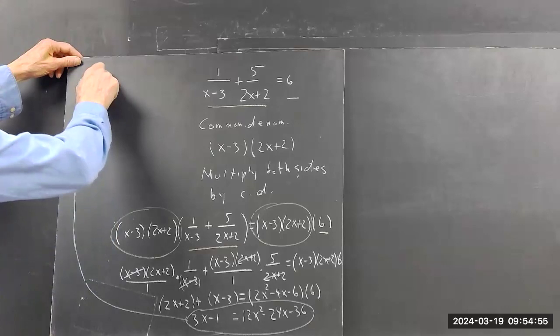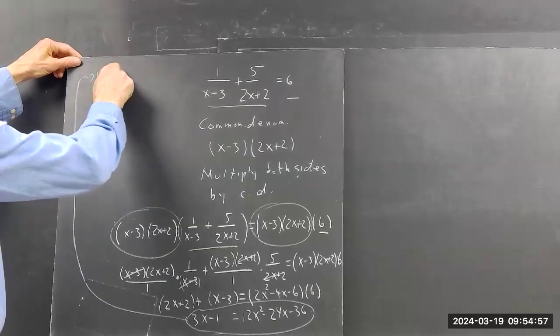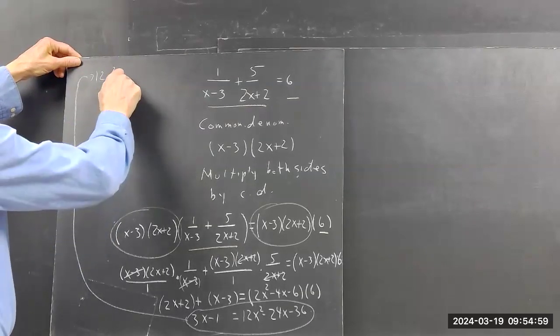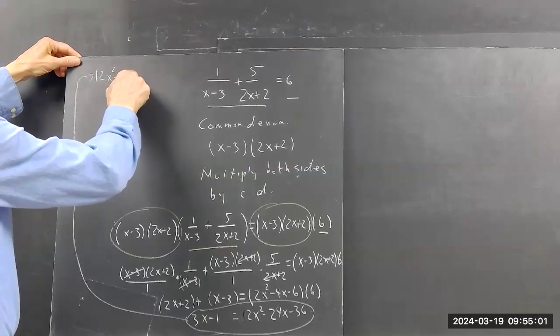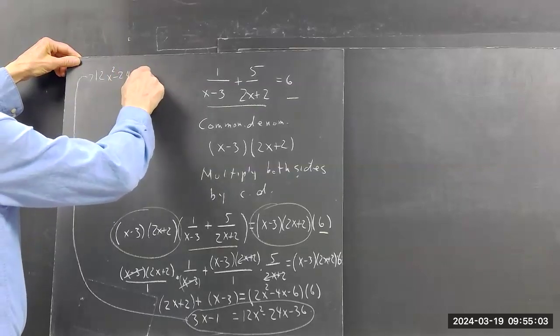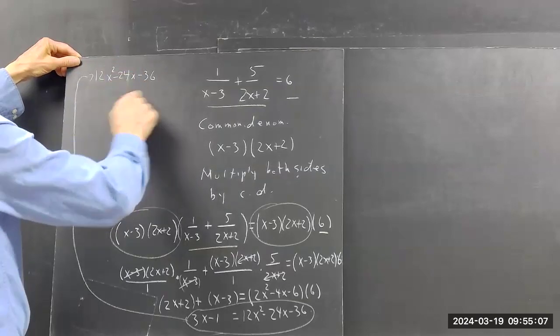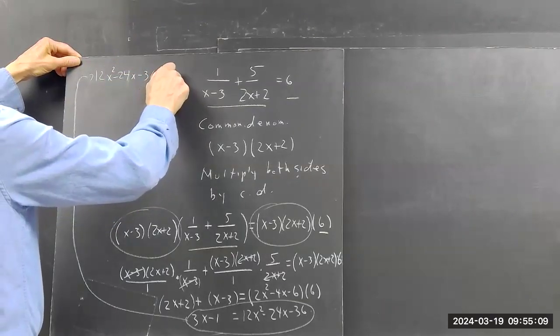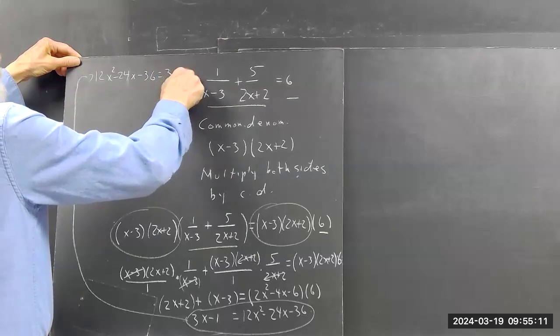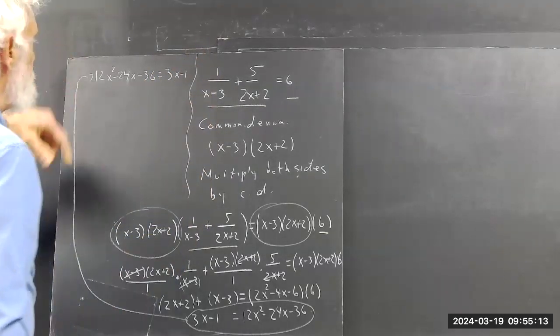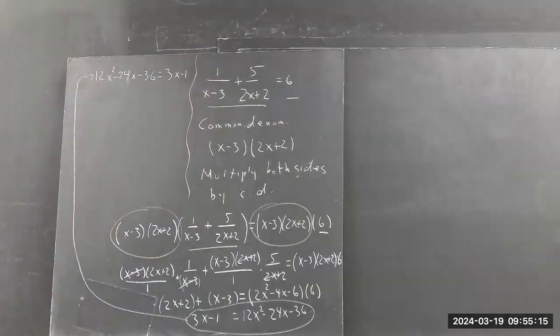We get equals 3x minus 1. Okay. We get this equation.